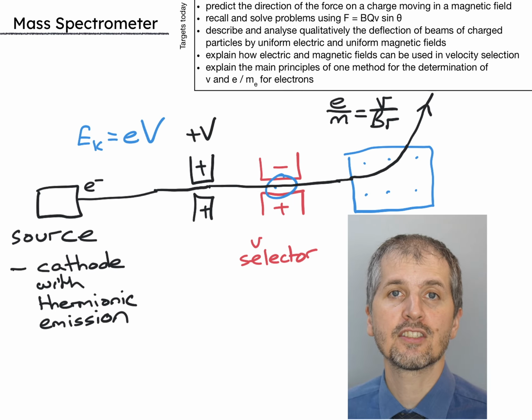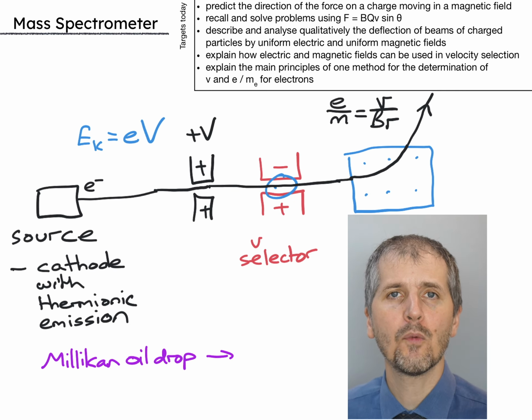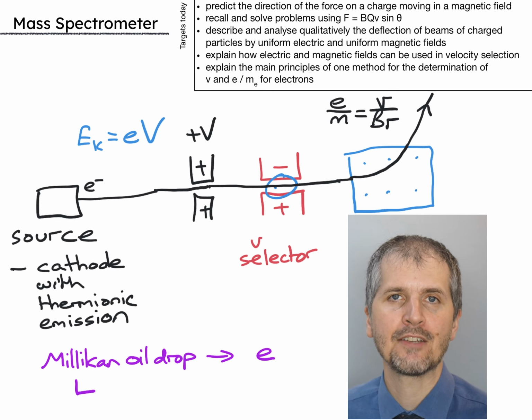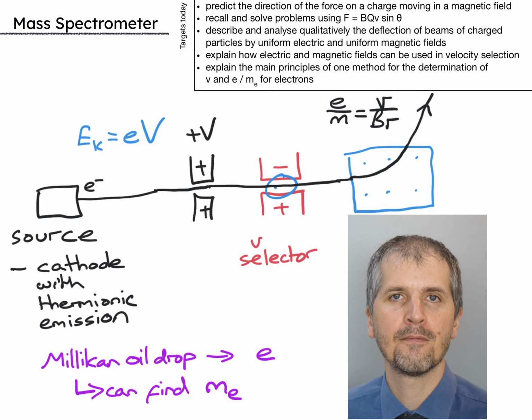In conjunction with Millikan's slightly dodgy oil drop experiment that determined the elementary charge, we now have a way of determining the mass of an electron. If instead we used ions for this, then we have a way of finding out the composition of a piece of matter.